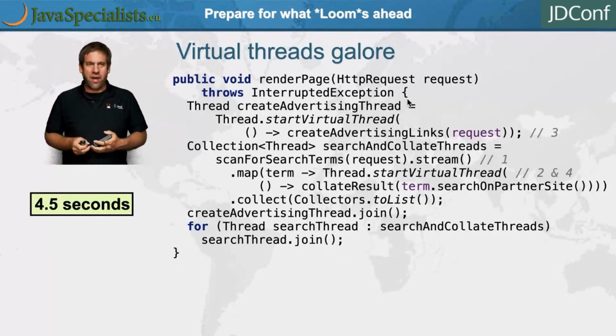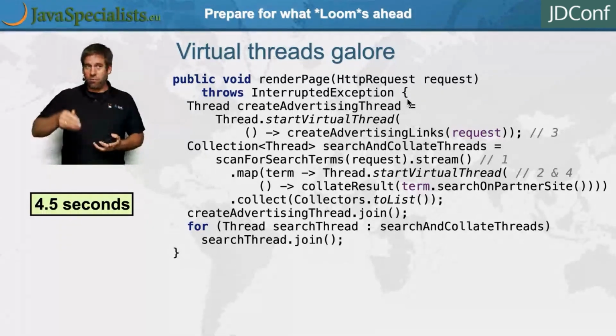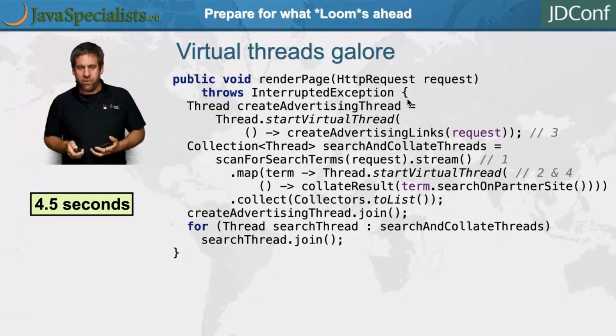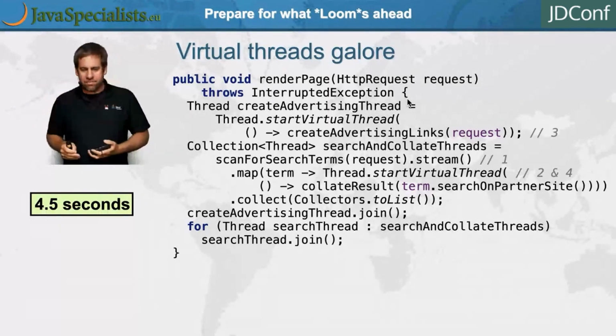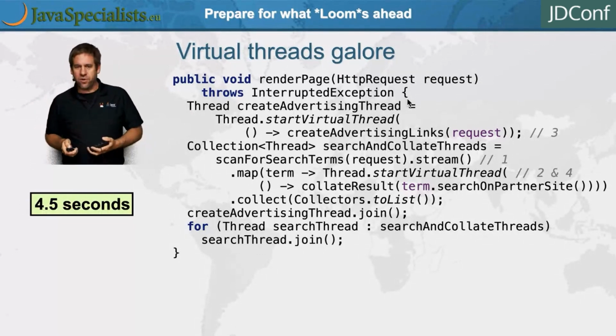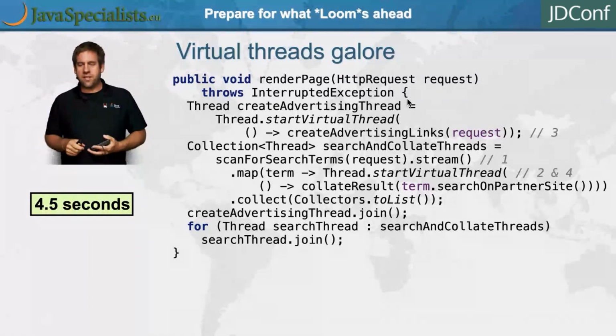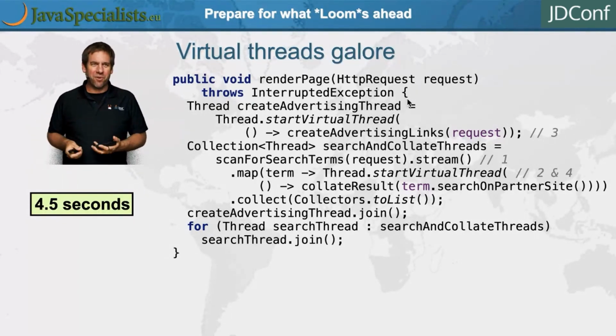From 8.5 seconds down to 4.5 seconds. So in fact, from 42.5 seconds all the way down to 4.5 seconds. So really great performance, but it didn't feel good doing all these joins. I didn't like the joins particularly. Also, if you look at the top, you'll see there's an interrupted exception being thrown from the method. Again, why do we have all this stuff?